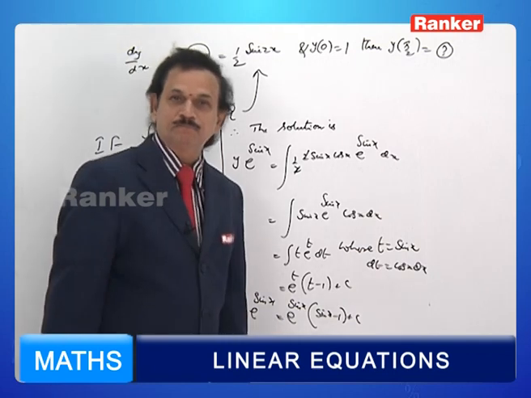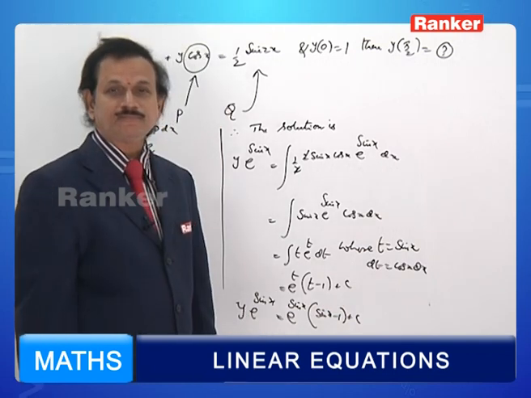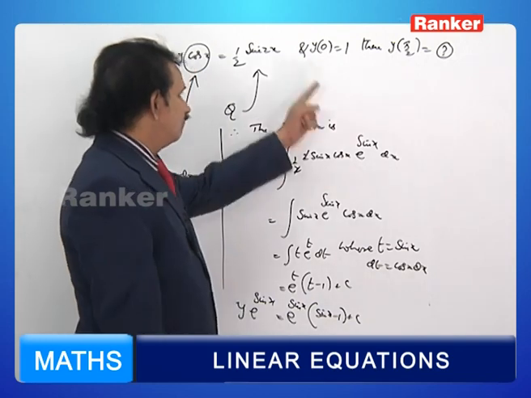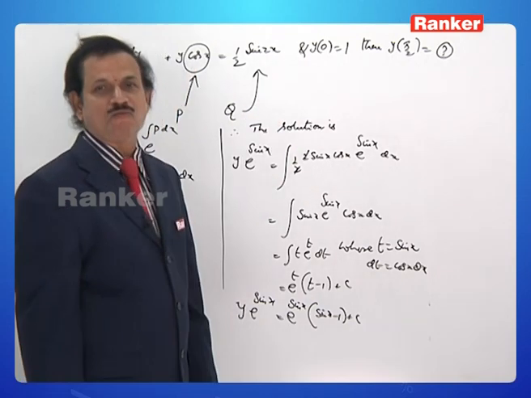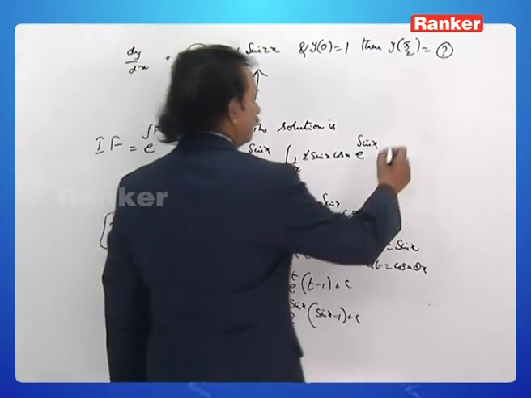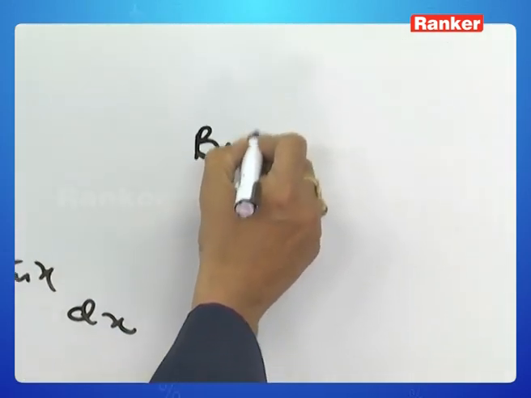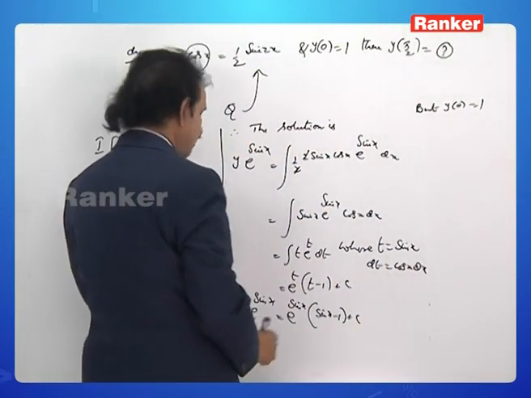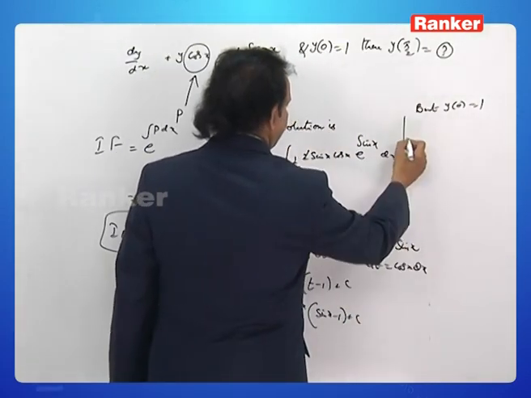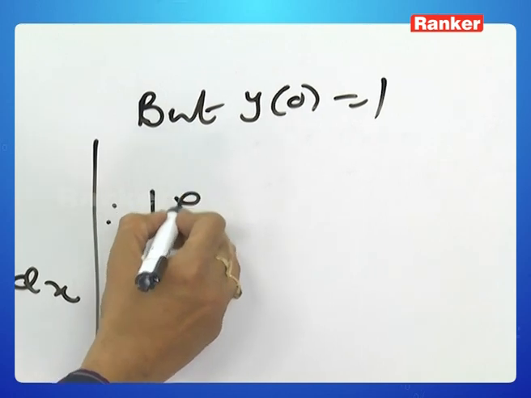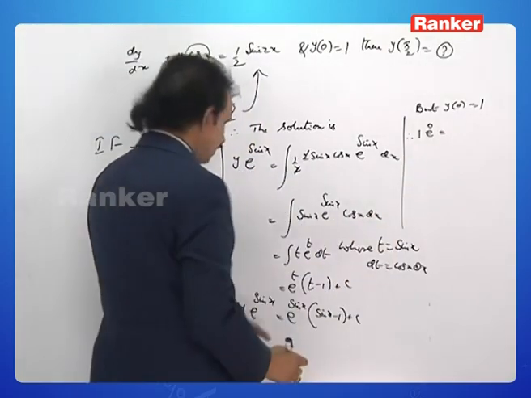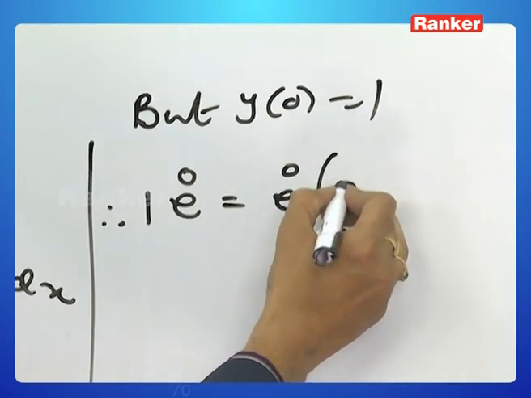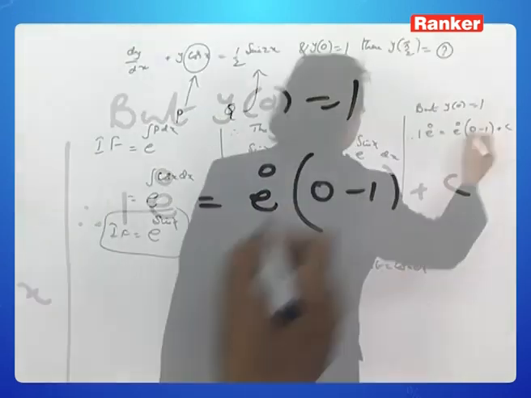Here, we should have c. What is c? We must find. To find c, we must make use of the information y at 0 is 1. Substitute here. Therefore, 1 into e power sin 0 is equal to e power sin 0 into sin 0 minus 1 plus c.